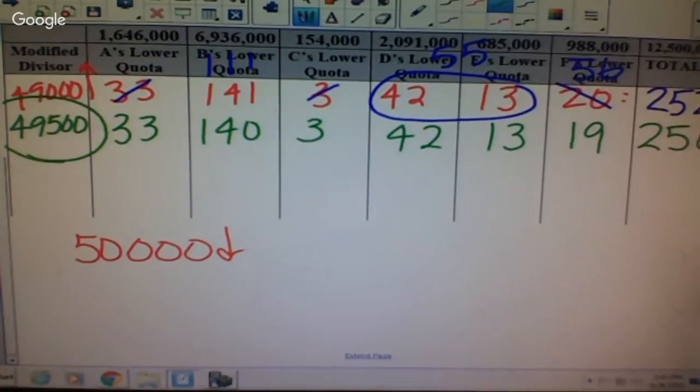So again, when you're dealing with big standard divisors, I would start changing by 1,000. Obviously, when it's a really small modified or standard divisor, I would change by very small increments.